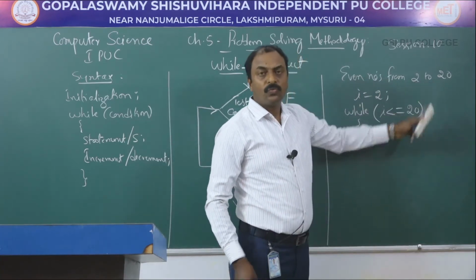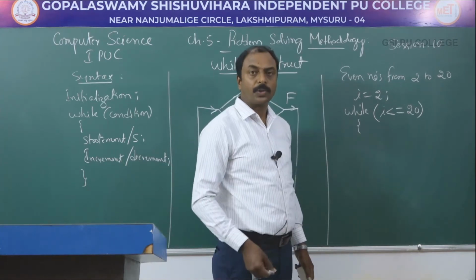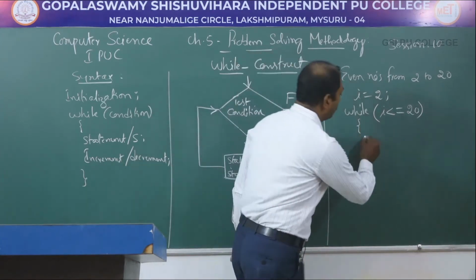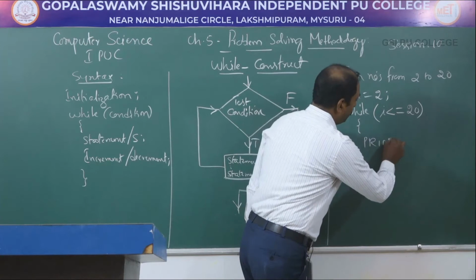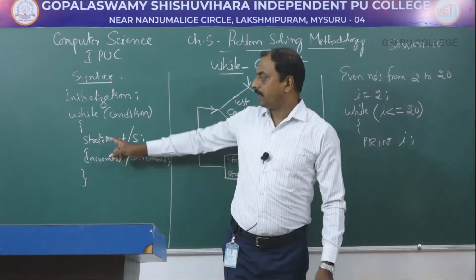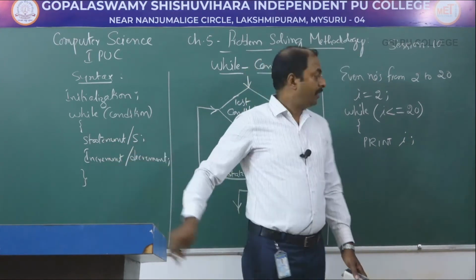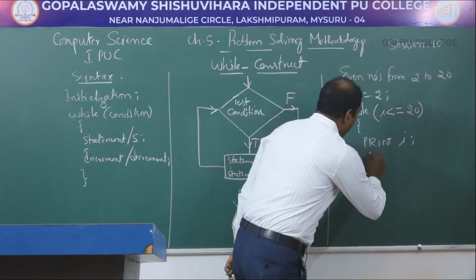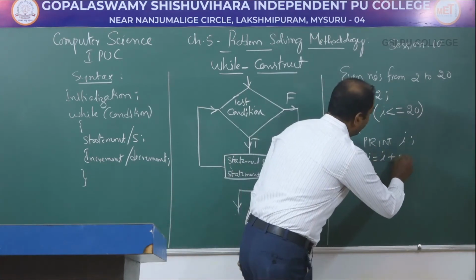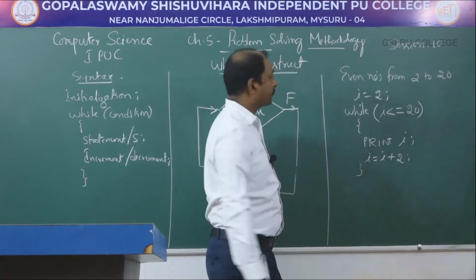So 2, 4, 6, 8 up to 20 would be the output of this construct. So here I can write print i, and this is the statement here. The final statement would be increment or decrement. Here I can write i equals i plus 2 here, and I am closing this.